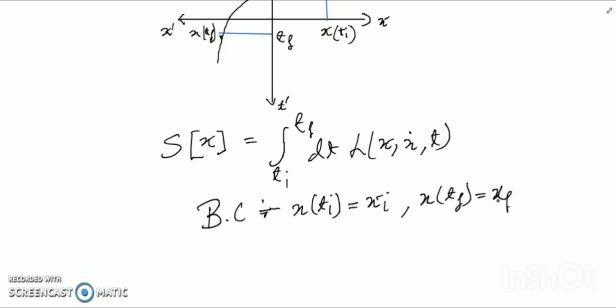So there is a boundary condition that x at ti is some given value xi. When I write S with a square bracket x, this is the square bracket.